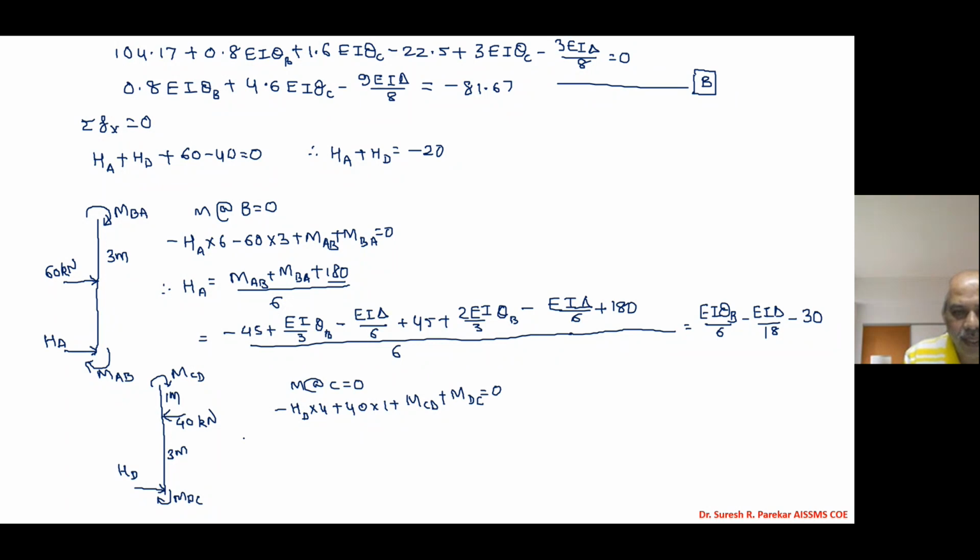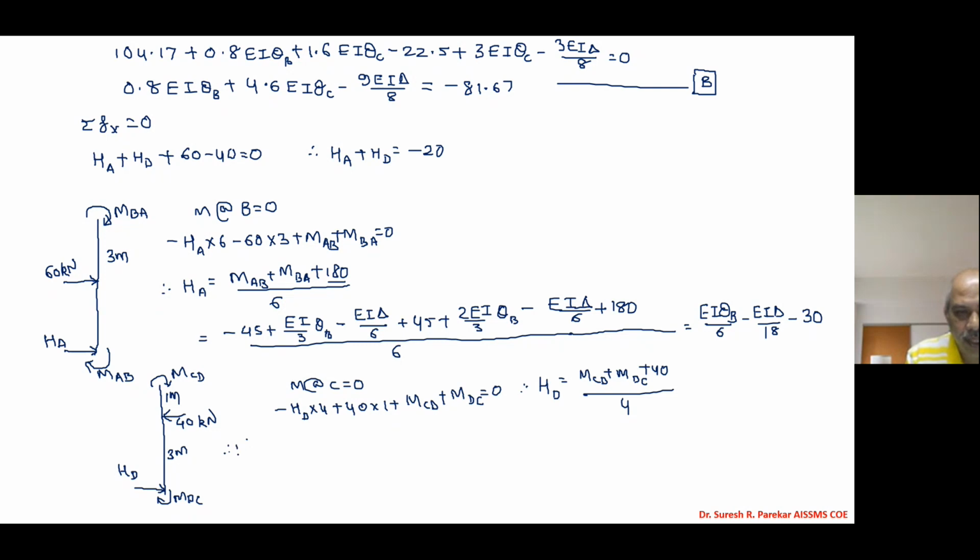And from this we will get HD. So therefore HD equal to MCD plus MDC plus 40 divided by 4. And if we put these values, then we have these values as minus 22.5.